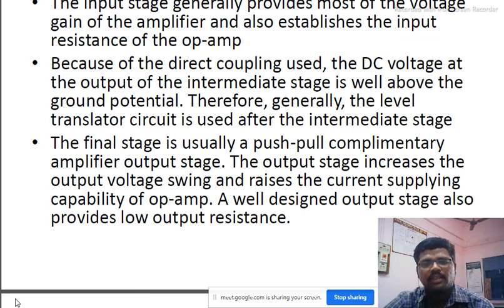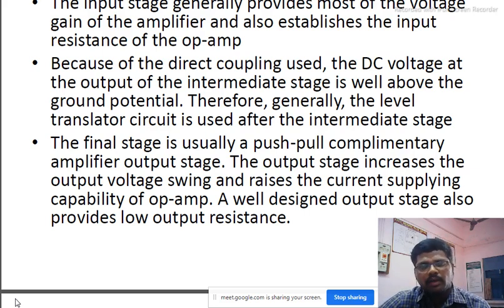These are the three different stages. The first stage is the input stage and the second stage is the middle stage. That middle stage is also called the intermediate stage and level shifting stage, and the third one is called the complementary push-pull output stage or output stage.